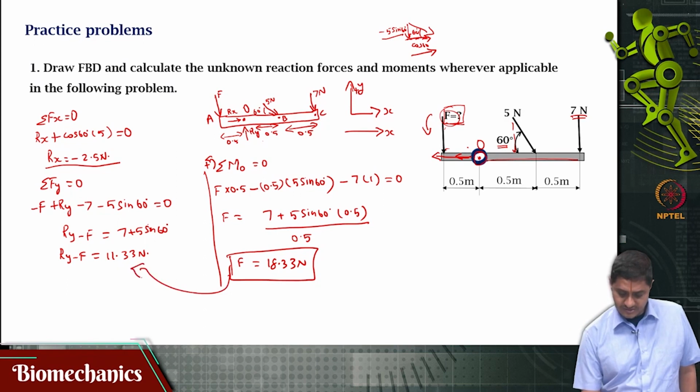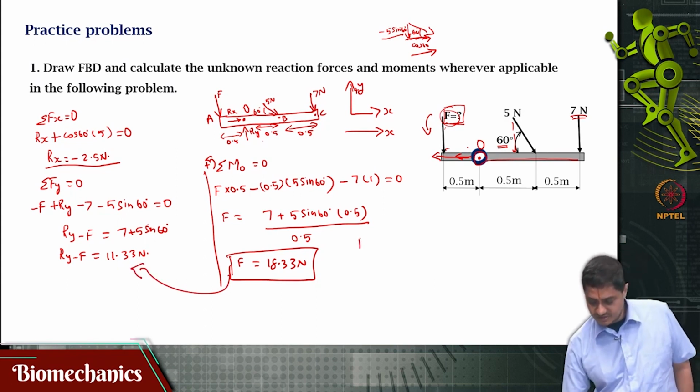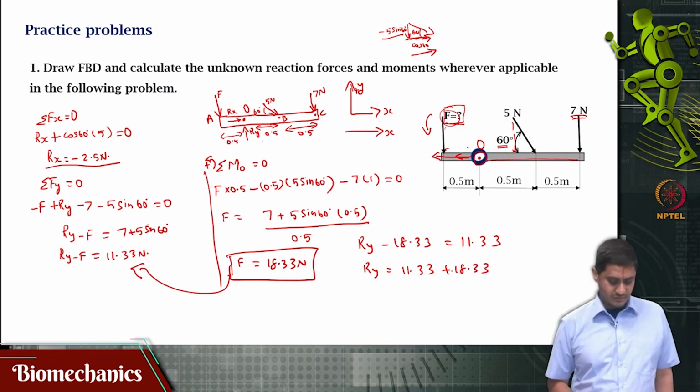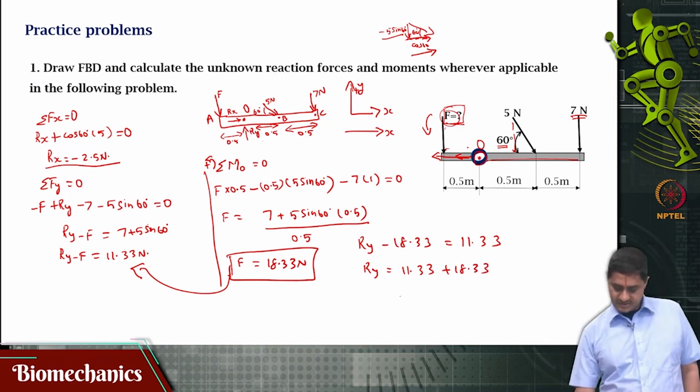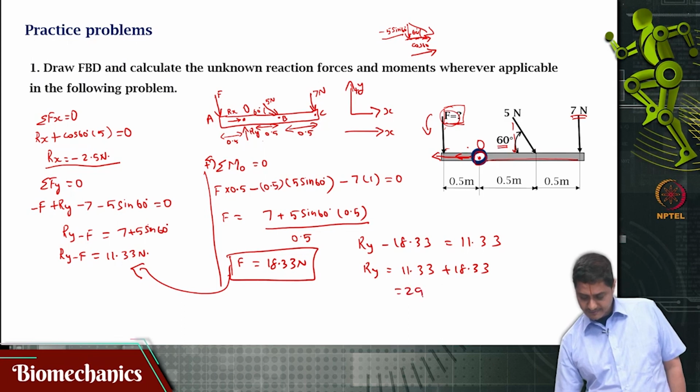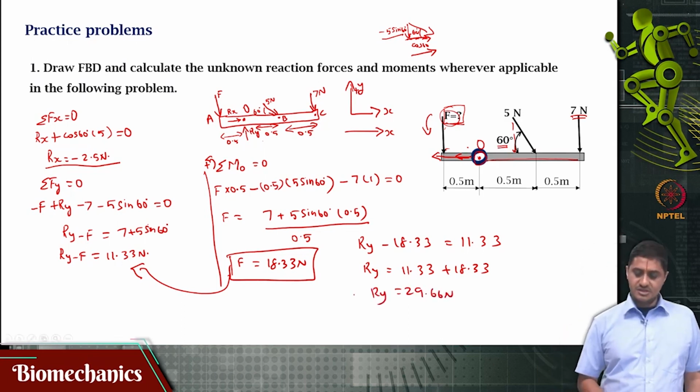Now, substitute this F in this equation, which is Ry minus 18.33 is 11.33. So, Ry is 11.33 plus 18.33, that would be 29.66 newtons. This is Ry. What is the question?